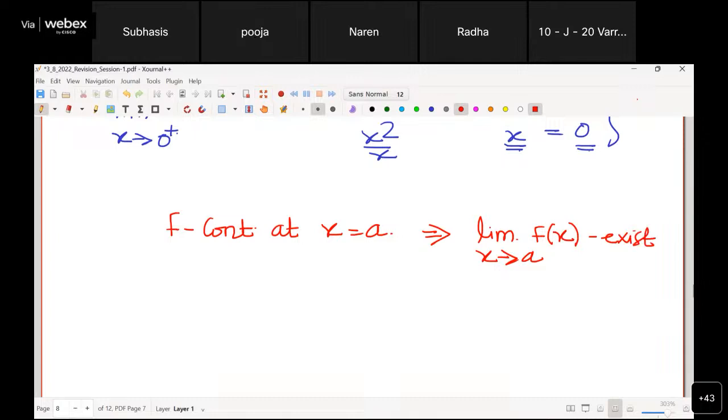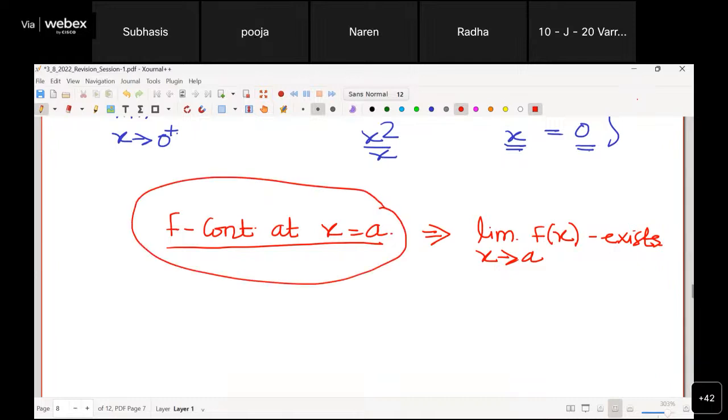If f is continuous at a, because that is how we define continuity. First, what we check for continuity is whether both the limits exist, and then if the existing limit is the same as f of a, we say that the function is continuous at a. So if f is continuous at x equal to a, then the limit exists.